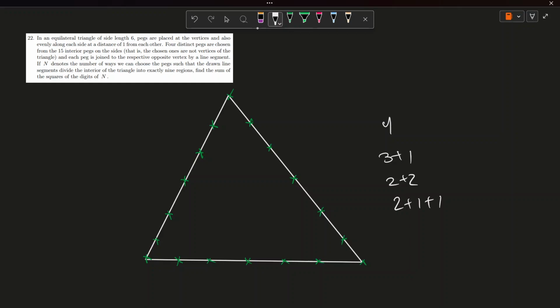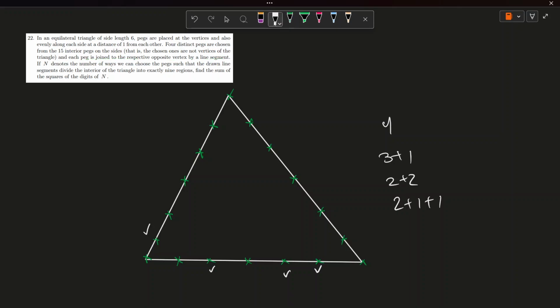And okay, we choose 4 pegs. So suppose for example we go with this 3 plus 1. So what we do, we choose 3 pegs from one side. Suppose we choose this and this, and 1 from some other side. Say we choose this, and so the pegs are chosen. And each peg is joined to the respective opposite vertex by a line segment.